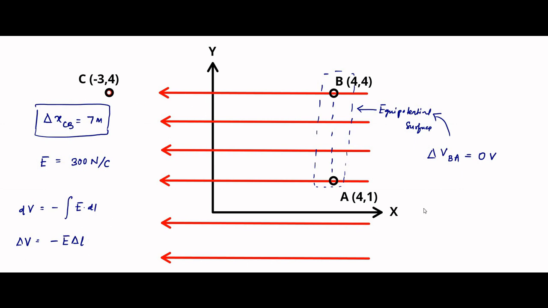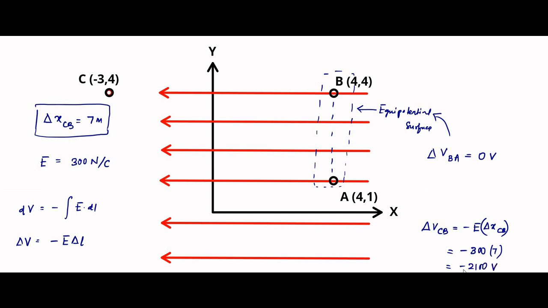So here delta V CB is equal to minus E delta x CB, the separation gap. Which is equal to minus 300 into 7, that is equal to minus 2100 volt.